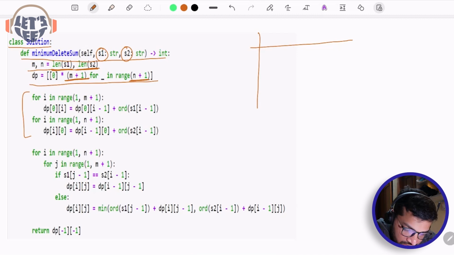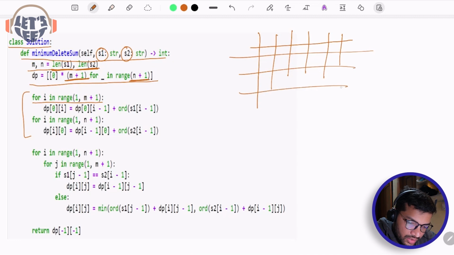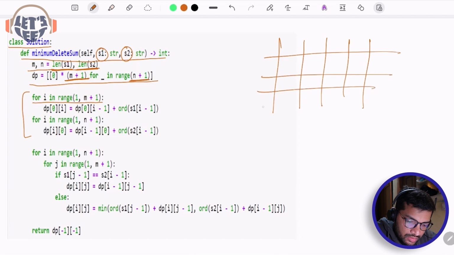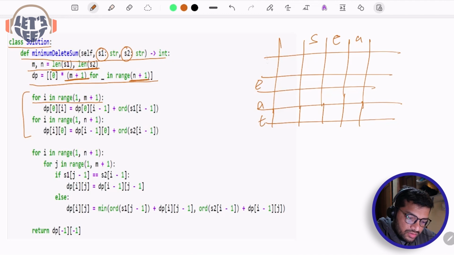If you look closely, we started a loop from 1 until m plus 1. So leaving, for example, if I draw the matrix here, let's take the example of 4 into 4 only. So it was C and it was E A T. Okay, this was blank.